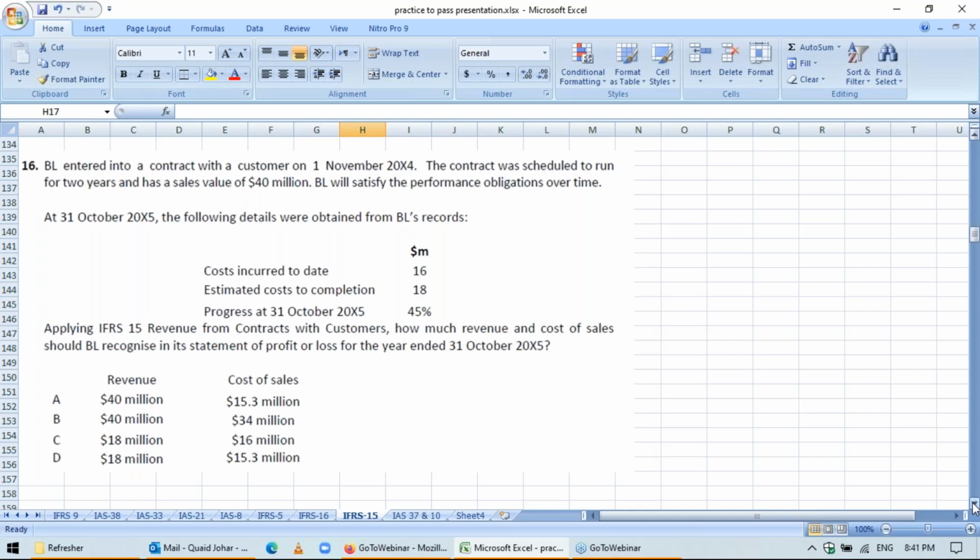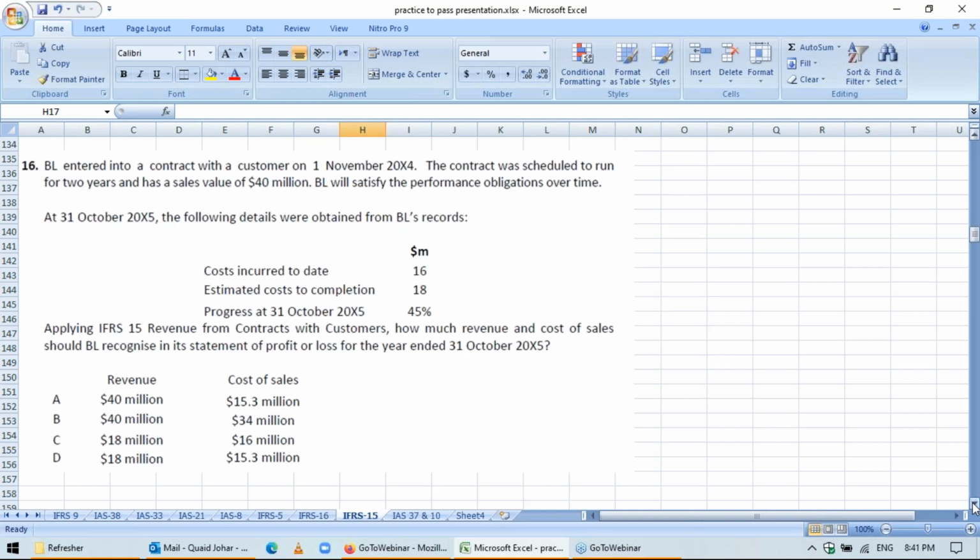So if you receive money but you have to perform some obligation against receiving that money, then until you give the goods or the services, you cannot recognize the revenue. So you have to wait until you have settled the obligation.